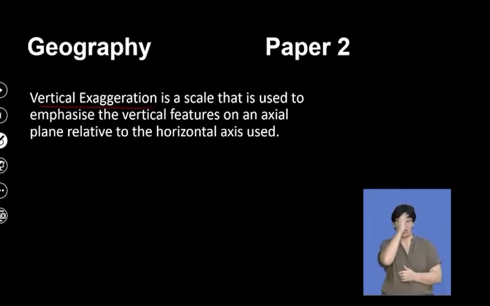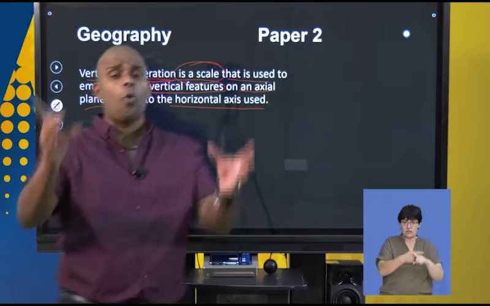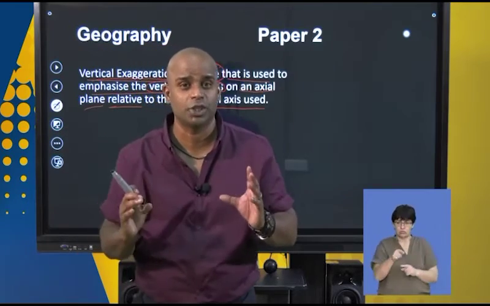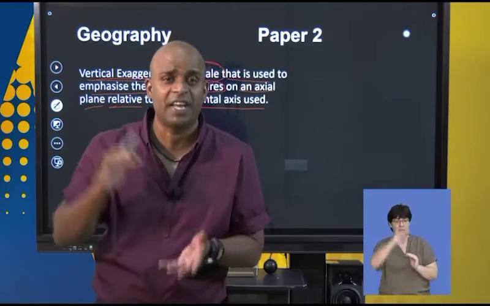Remember that vertical exaggeration is a scale that is used to emphasize the vertical features on an axial plane relative to the horizontal axis. That means that when I'm looking at a cross-section, that cross-section is a reduced version of reality.